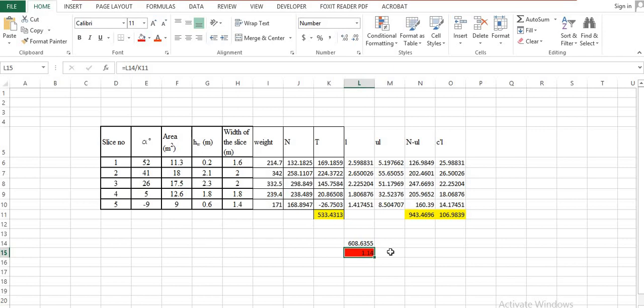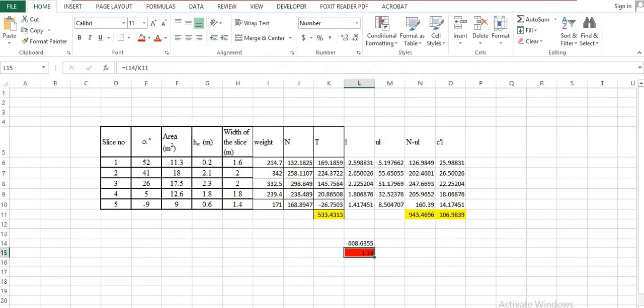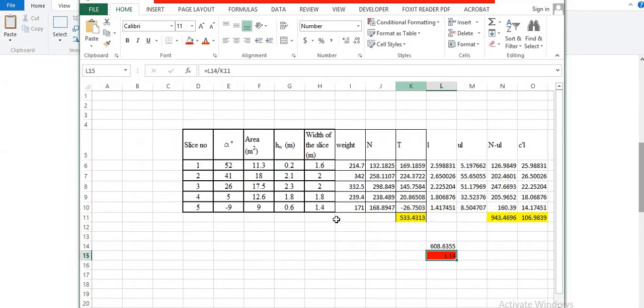So since we have already conducted this conventional analysis, I'm going to choose my assumed factor of safety value as 1.14, right? So this as 1.14 in our rigorous method. So let's see how our rigorous equation looks in the spreadsheet, right?